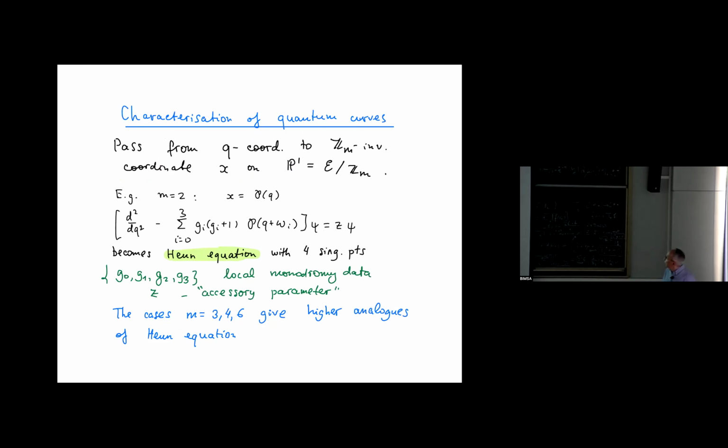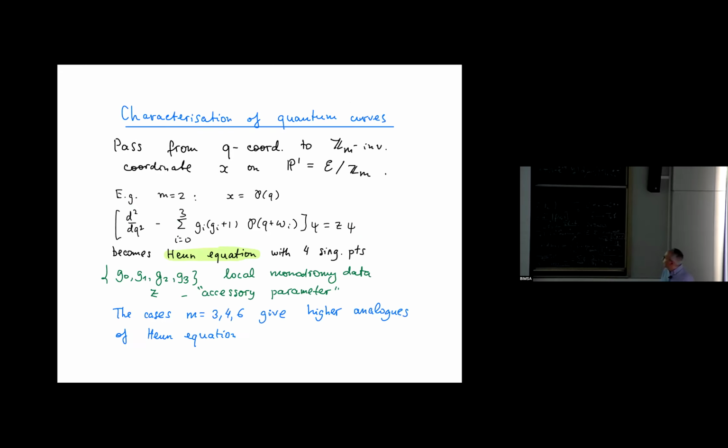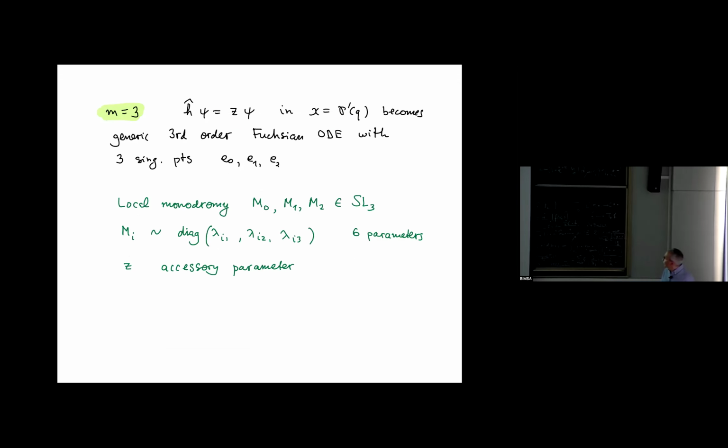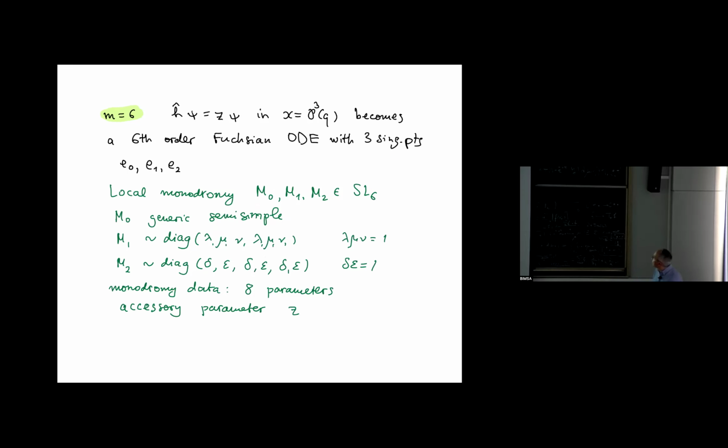I don't have time to explain this in detail, but I will just say that here you can see the appearance of those quivers of type D4, E6, E7, E8, because the monodromy for these Fuchsian ODEs turns out to be rather special, and you can identify it with, let me see if I have it written somewhere.